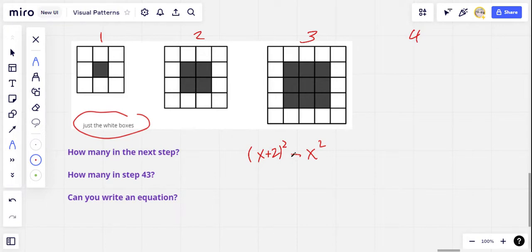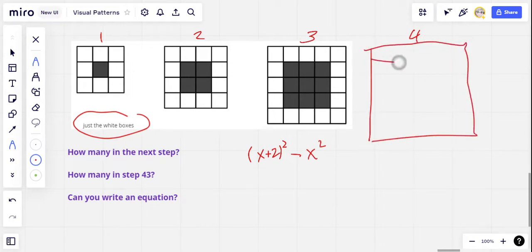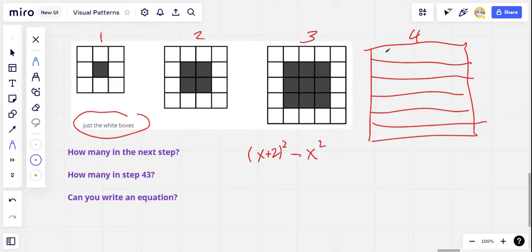So before we go on to testing, let's actually just try to draw out step 4. So we're doing this visually. This is a 5 by 5 square, so I think the next one is going to be 6 by 6. That's my prediction. So 1, 2, 3, 4, 5, and 1, 2, 3, 4, 5.